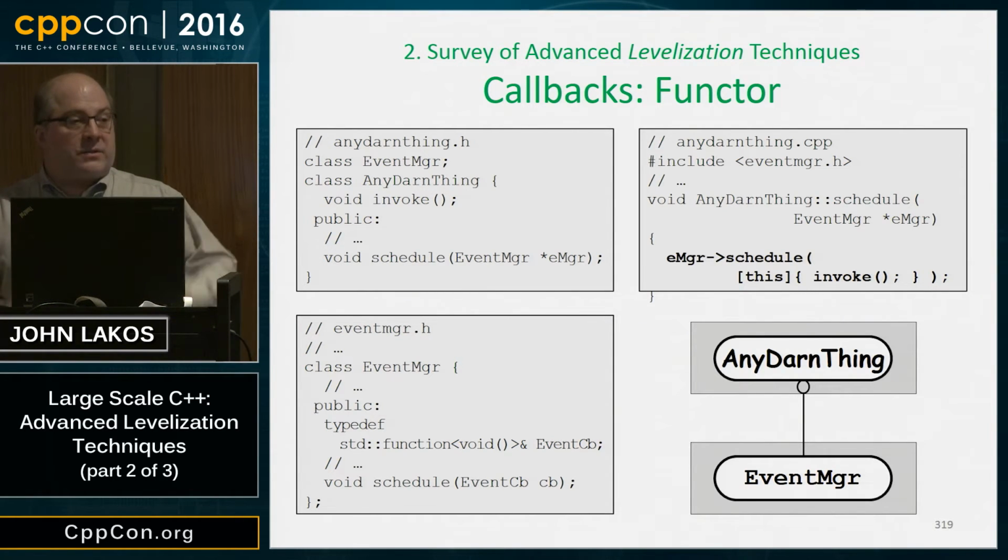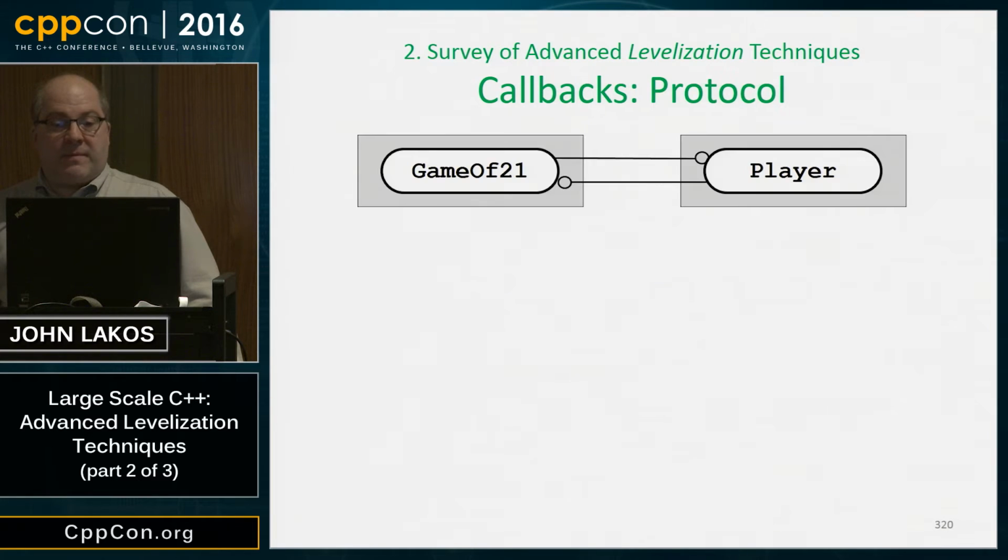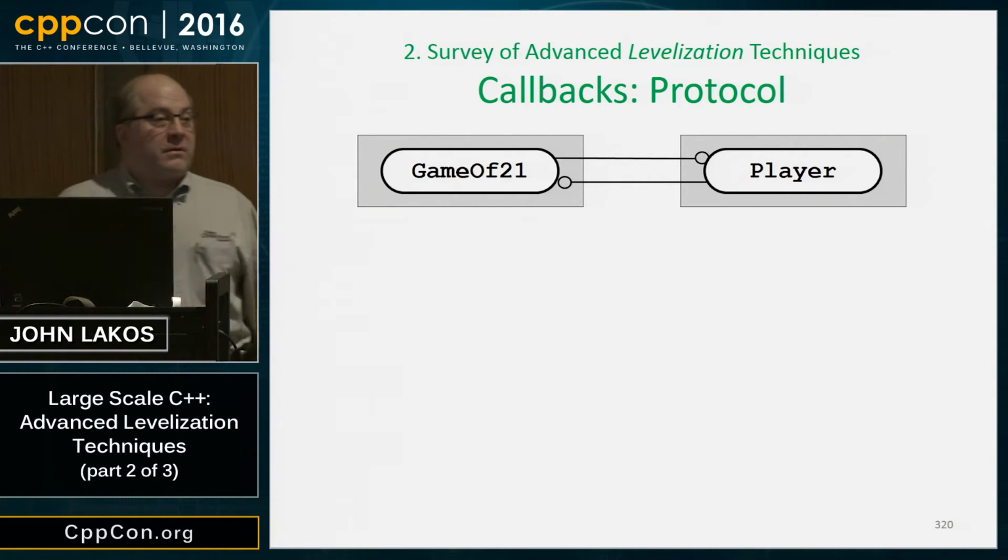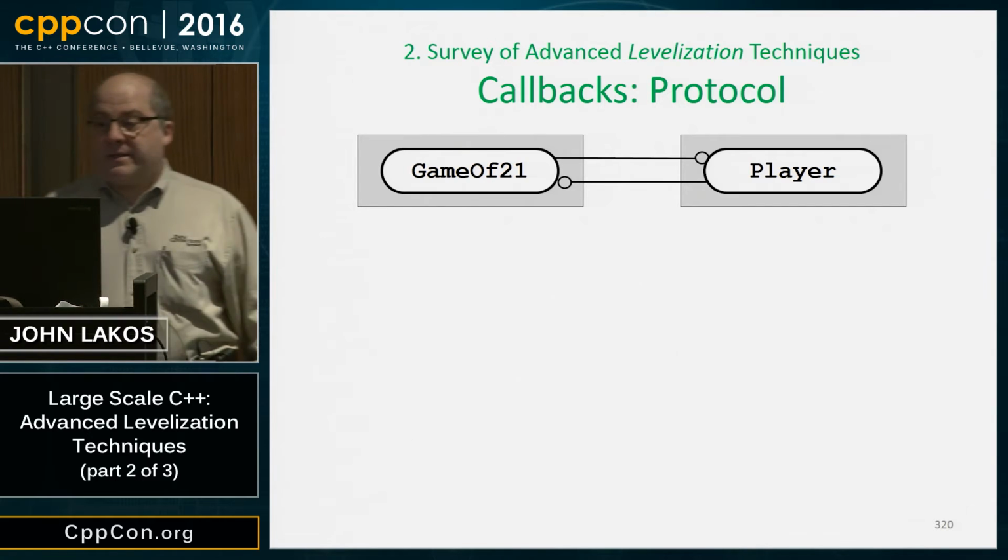So functors are better because they're more modular, and that's nice, but they're still callbacks, right? So not much magic here. So I'm going on to protocols or abstract interfaces.